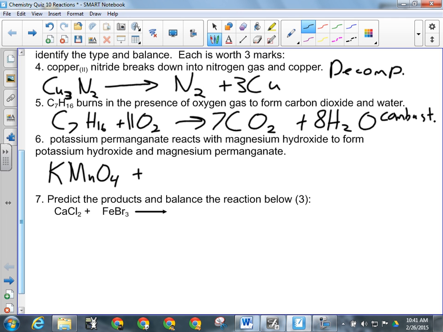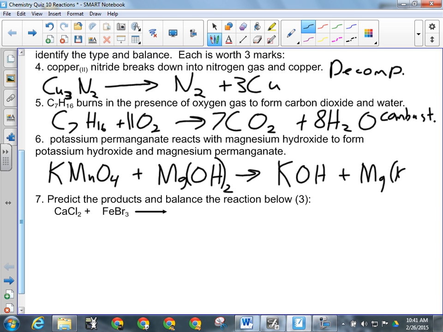Reacts with magnesium hydroxide, which is that stuff. That needs to be swapped and dropped to a 2 because magnesium is a 2+ charge. Okay, and that's going to form potassium hydroxide, KOH, -1 + 1, so that one's good. And magnesium permanganate, Mg, brackets, MnO4, brackets, 2.